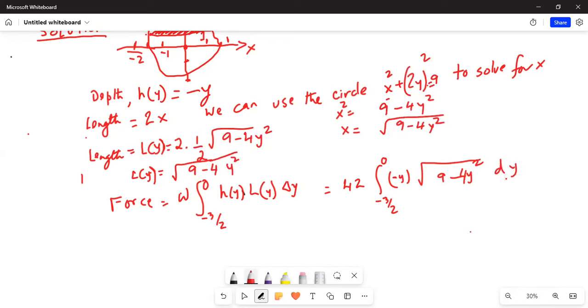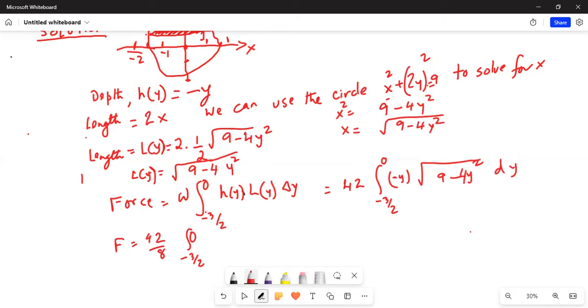So force is equal to 42, and we have to do some manipulation. We have to divide by 8 and multiply by 8 in the numerator. So integration is from minus 3 by 2 to 0.